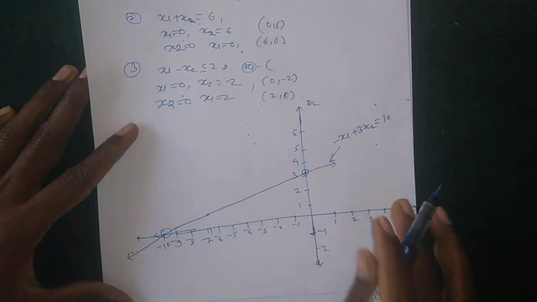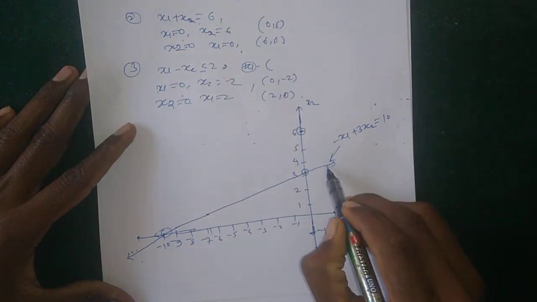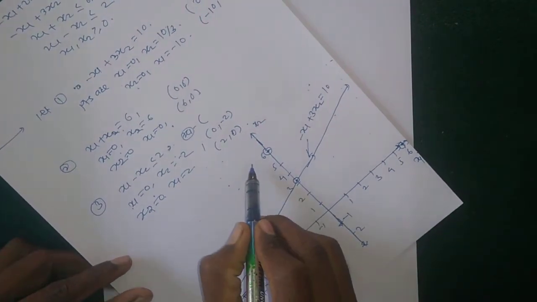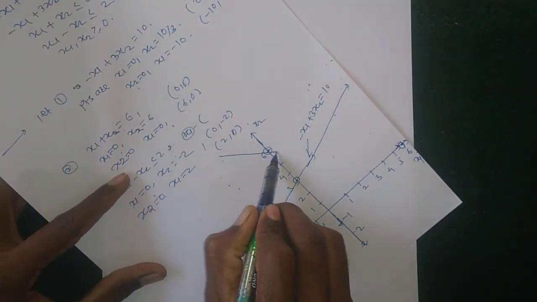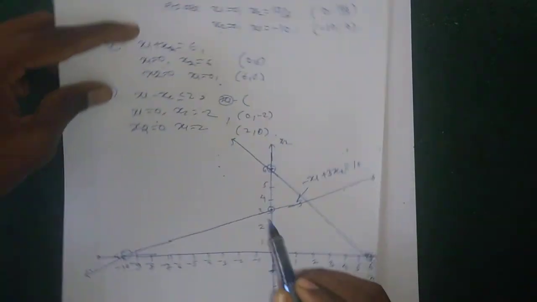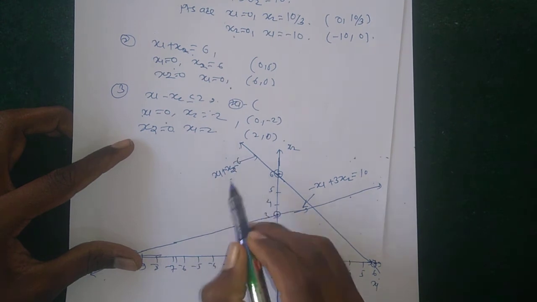Then next are 6 and minus 6 and 6. So you extend this line. This is the second line, x1 plus x2 is equal to 6.